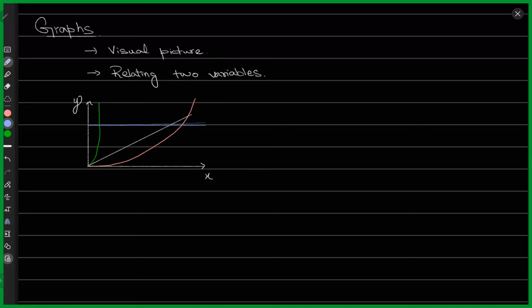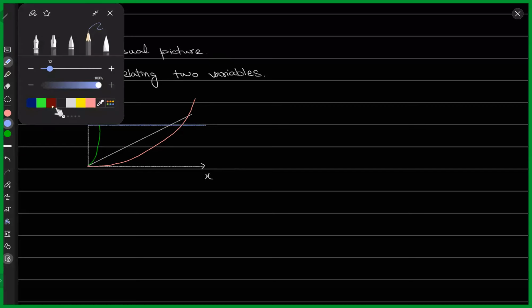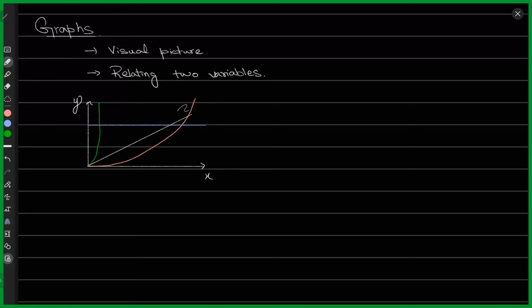So my point is that the graph could be a curve, it could be a straight line, it could be a line which is completely parallel to the x-axis, it could also be a line which is completely parallel to the y-axis, or it could be any type of curve. So these are different shapes of graphs.